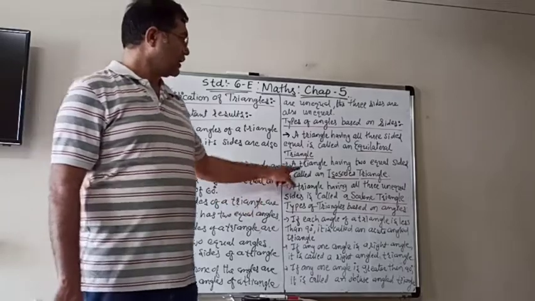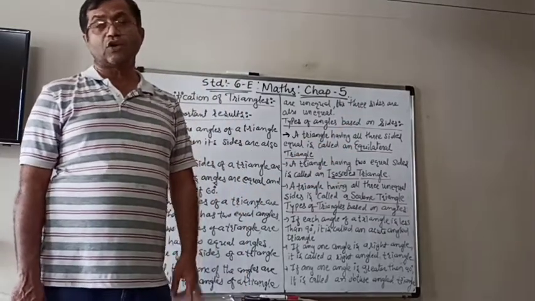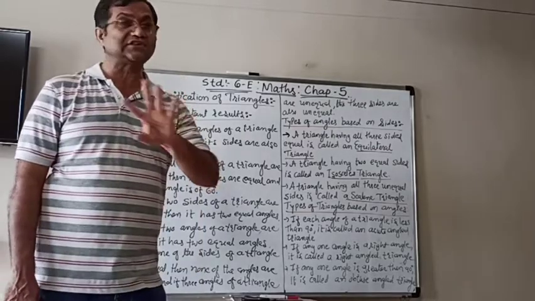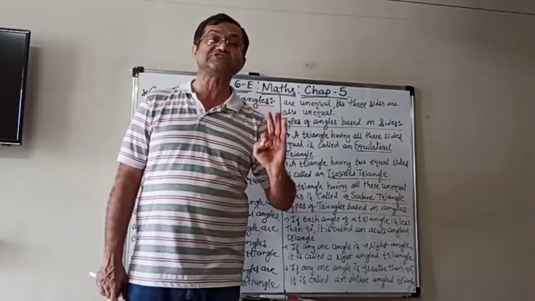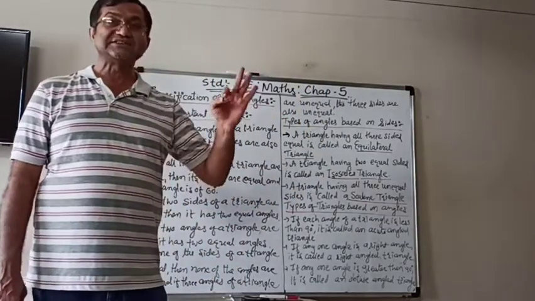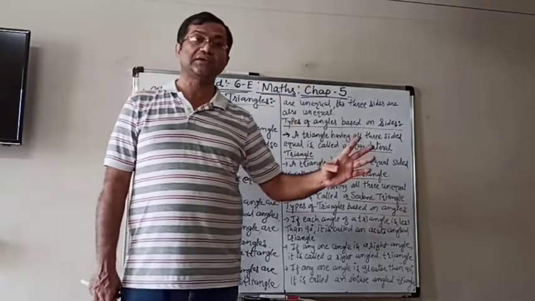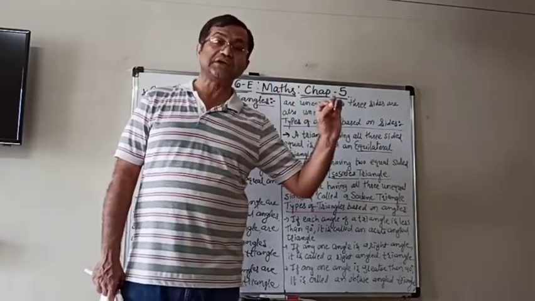Second, a triangle having two equal sides. Only two sides are equal, the third side is different, then that triangle is known as an isosceles triangle. So isosceles triangle means having two sides equal.